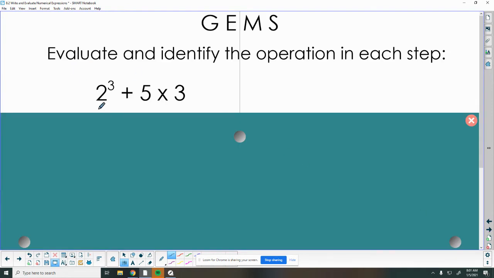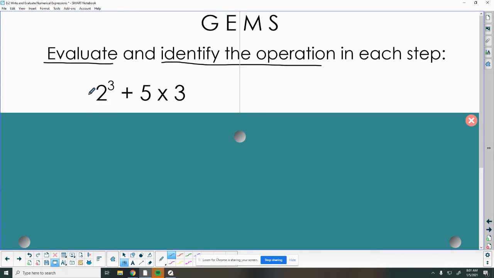So task 3, we're going to use our steps here, our order of operations to evaluate, solve, and on each step, we want to identify what did we do. So this one here, we do not have any parentheses, so no groups. So exponents come next.